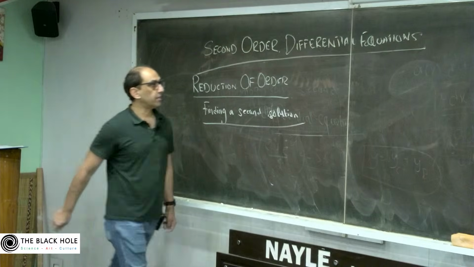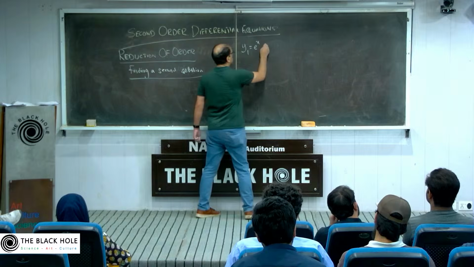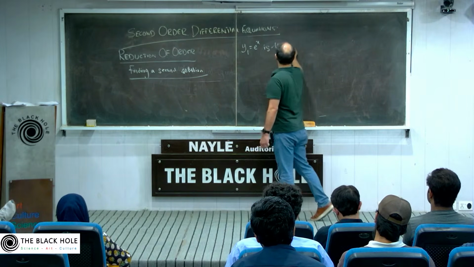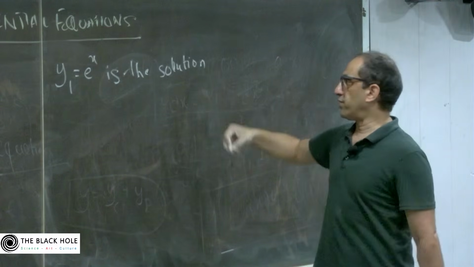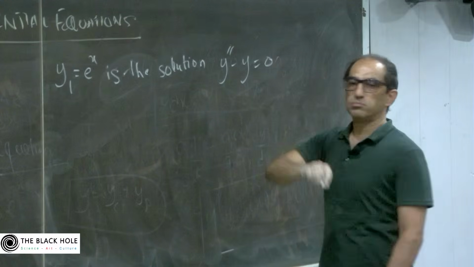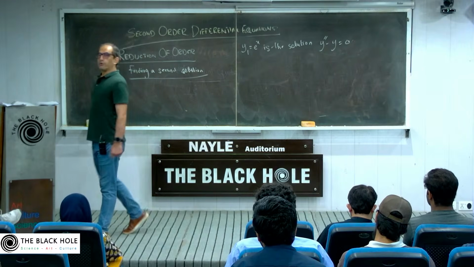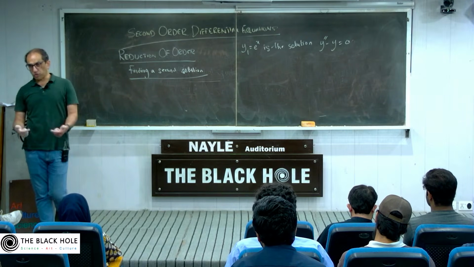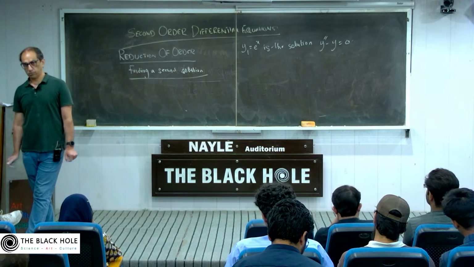So he says y1 is equal to e raised to power x is one solution of the differential equation y double dash minus y is equal to 0. Okay? And now you need to construct or find a second solution.